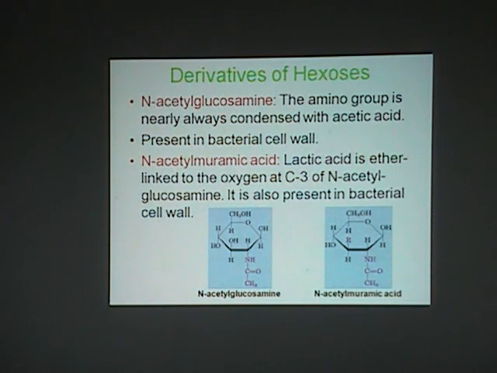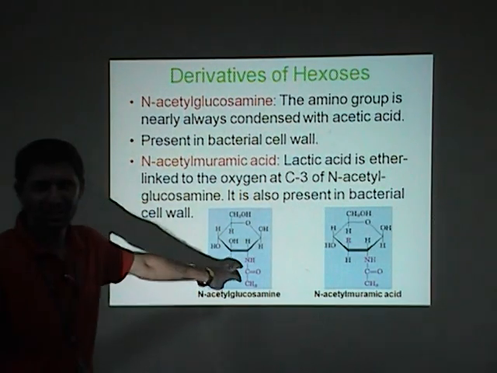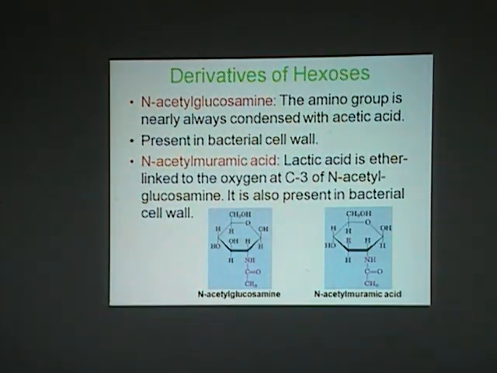Acetic acid. When this acetic acid reacts here, it binds with your amino group. If you break NH2, OH and H, remove one molecule of water, the acetic acid will attach with your amino group.